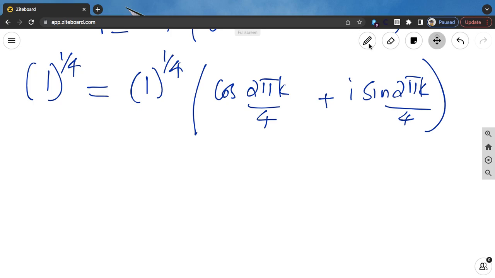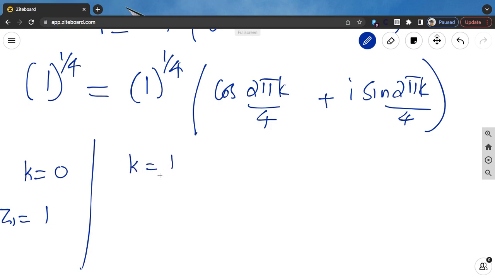So let's find the roots by substituting k. If I substitute k as 0, I get the first fourth root of unity as 1, because cos of 0 is 1 and sine of 0 is 0. As soon as I substitute k as 1, it becomes cos of pi by 2 plus I sine of pi by 2.